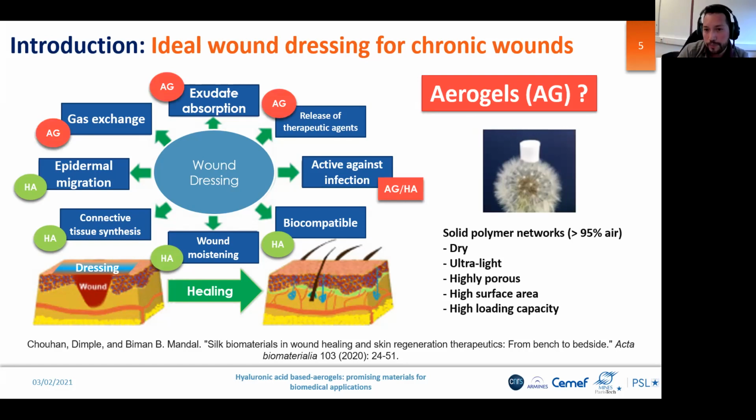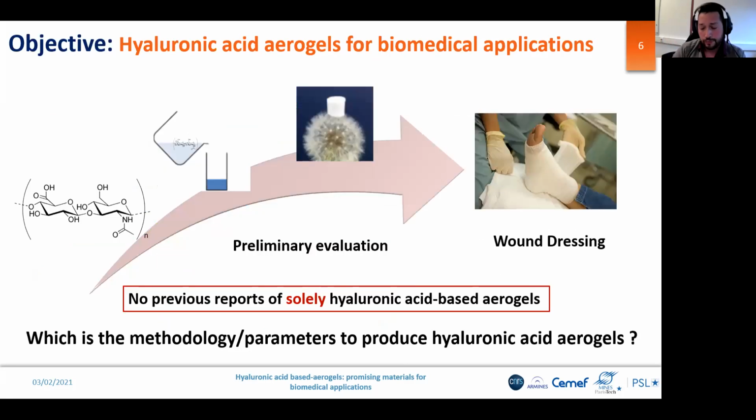Also, this kind of formulation based on aerogel, in comparison with formulations of creams or other types of membranes, has a high loading capacity, helping the release of therapeutic agents.